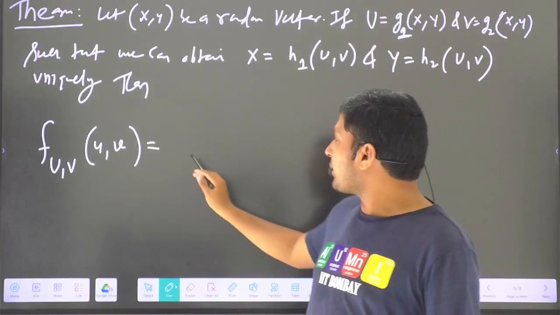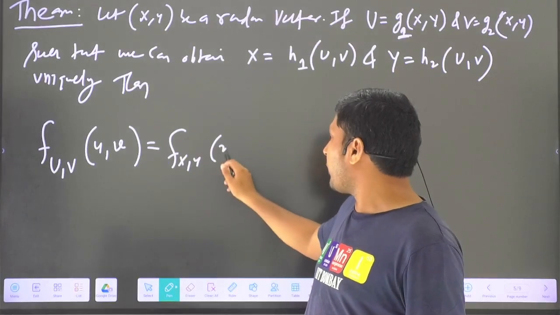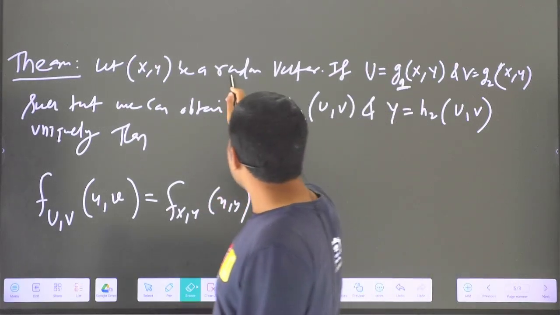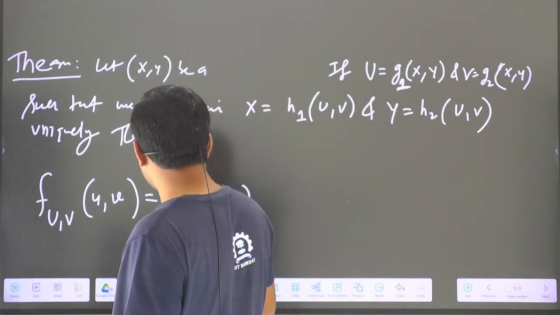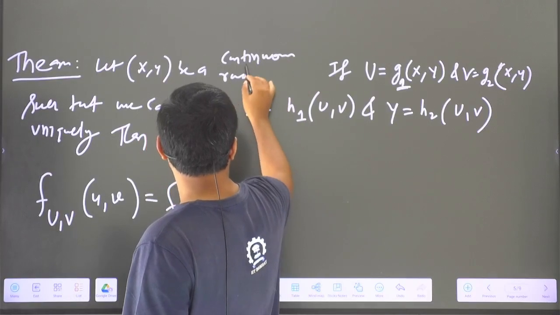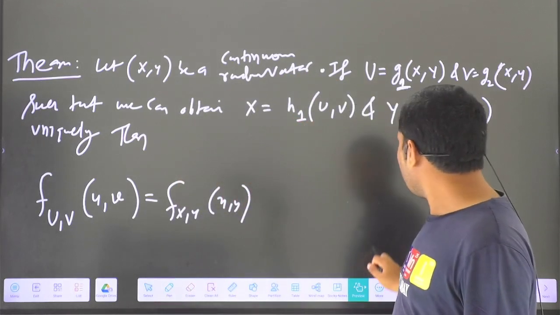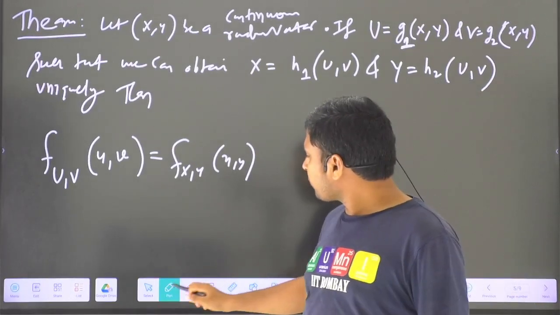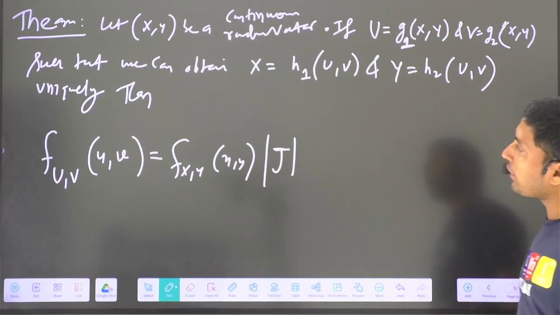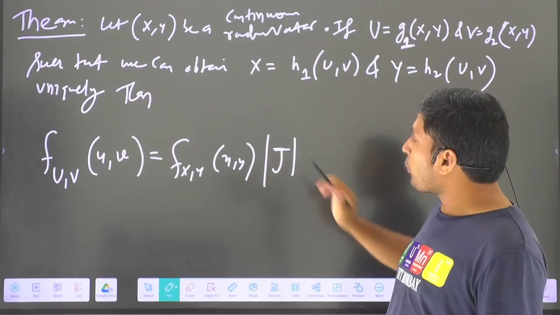So the formula says the PDF of X, Y is a continuous one actually, so this will work only for a continuous random vector. So f of U, V is f of X, Y times the mod of the Jacobian. And what is the Jacobian here?